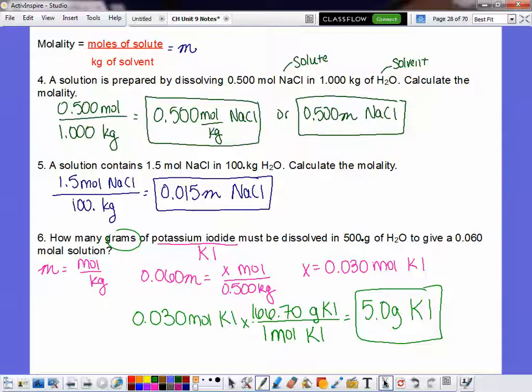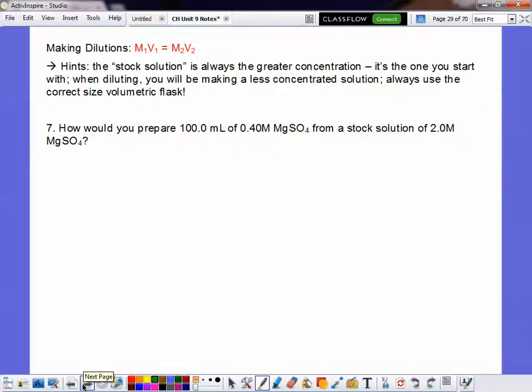All right. So like I said, the next little bit we're going to do has to do with changing concentrations of solutions. More specifically, diluting solutions. So when you want to make a solution from a specific concentration of that solution that you already have, you're always going to be diluting it. And you're going to dilute it by adding more solvent.